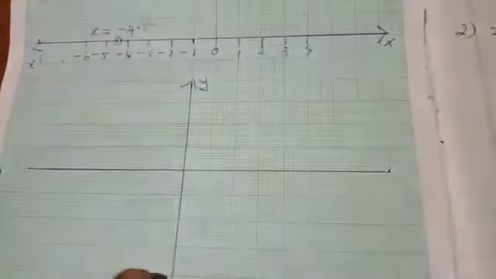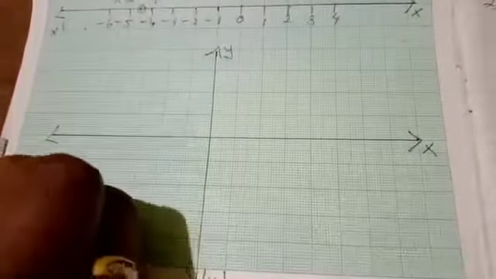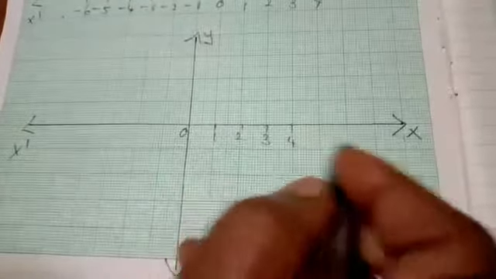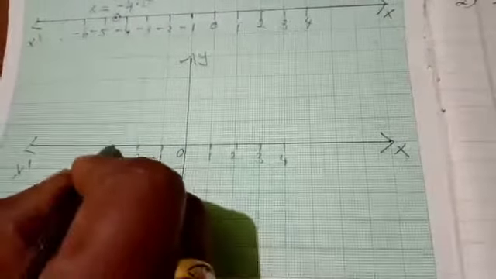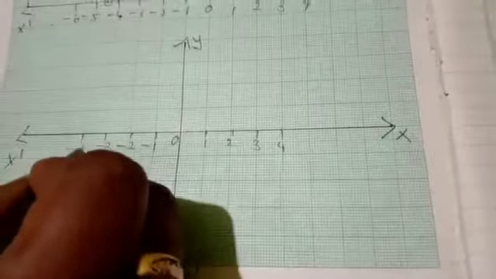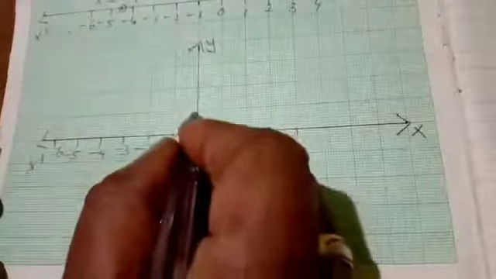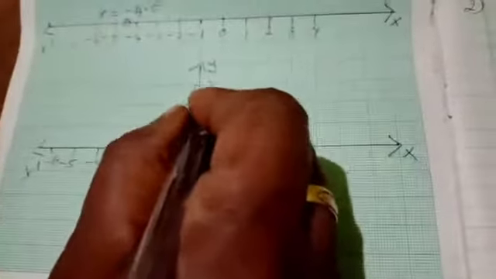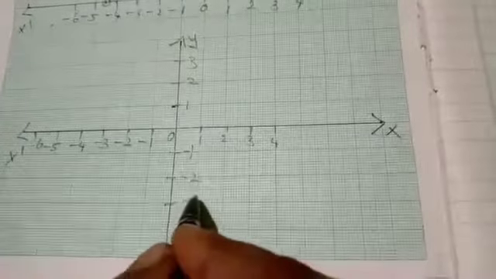This is positive y, negative y. Here x is positive x, negative x, 0. Here it is 1, 2, 3, 4, and so on. Here minus 1, minus 2, minus 3, minus 4, minus 5, minus 6. This is positive y, 1, 2, 3. Here negative 1, negative 2, negative 3.